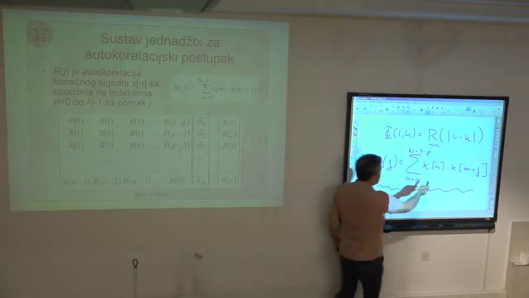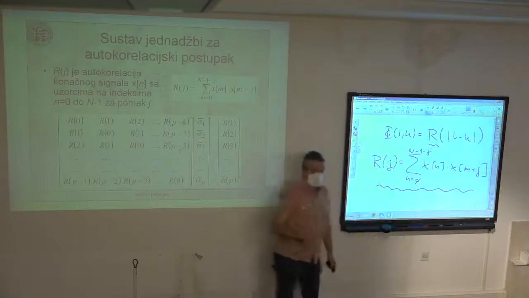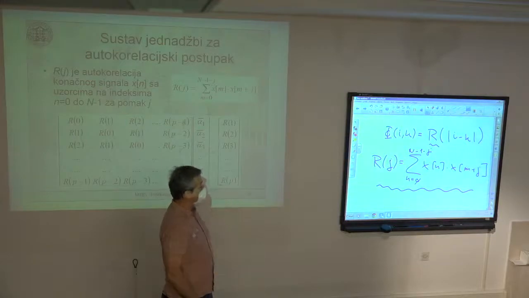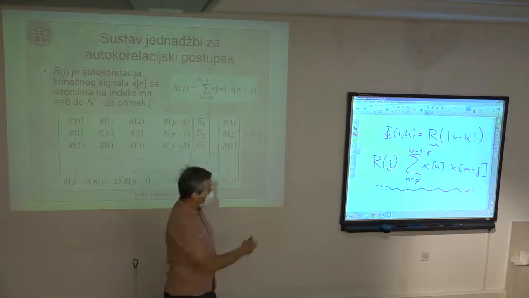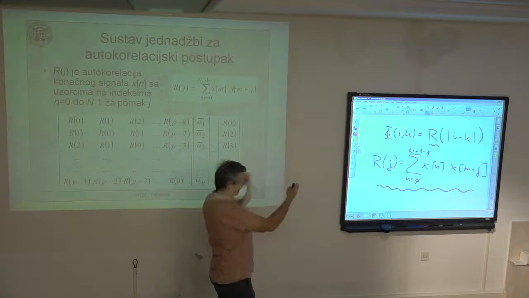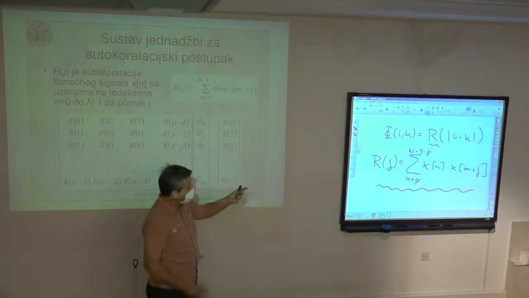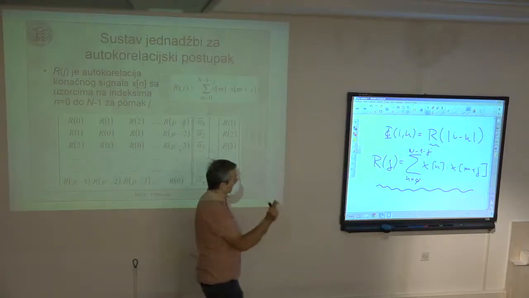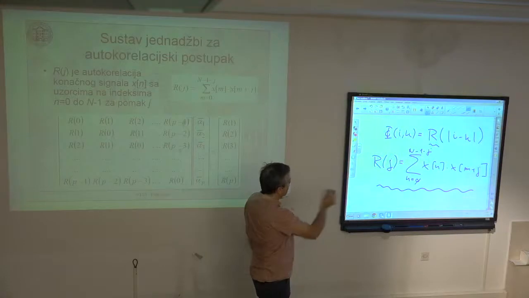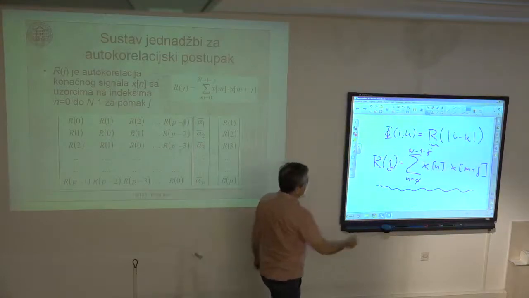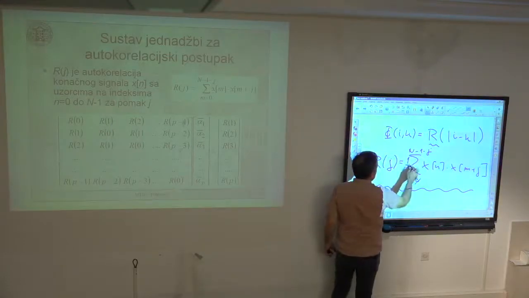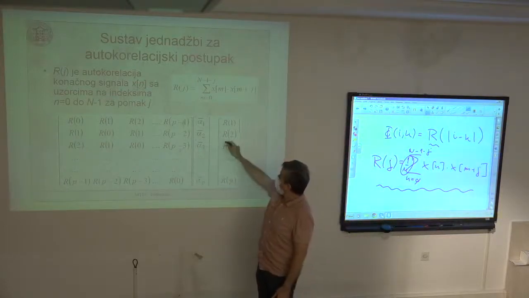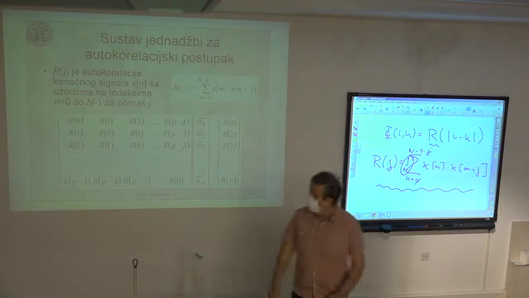So if j is equal to 0, it is nothing else but the sum of squared values of x(n) over the window of length N. But if j is equal to 1, then it is the average of the product x(n) x(n plus 1). So I take the correlation between two neighboring samples. And I average this over N samples, but this averaging is not necessary because this 1 over N is cancelled on the left side and on the right side of the matrix equation.